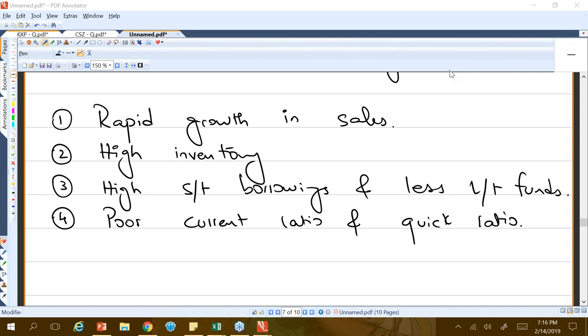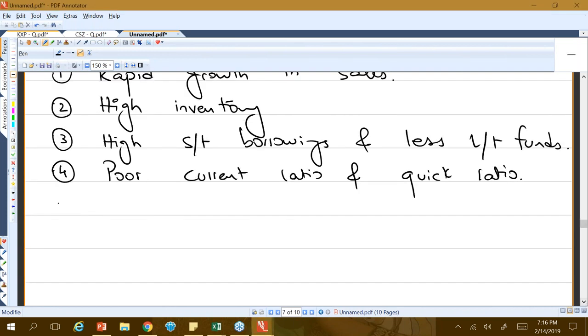Yes, because a poor current ratio means that we've got more reliance on the current liabilities. A poor current ratio and quick ratio just means that we have got more current liabilities to grow.